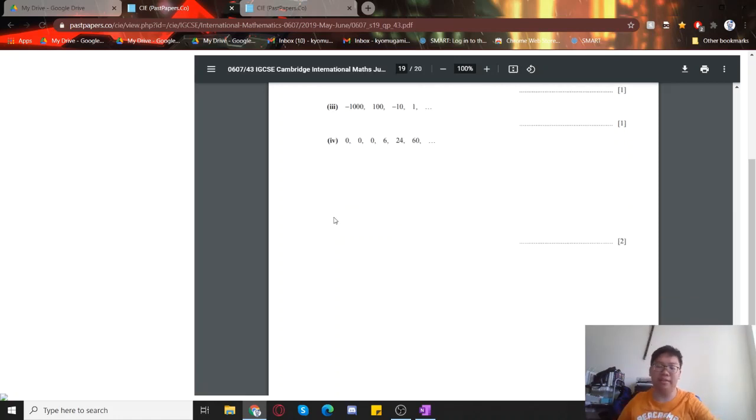Now this one's quite interesting from my view, because not only do we start off with three zeros, we then suddenly go to 6, 24, 60. That's definitely weird. So what can we do with it? Obviously this is not going to be your standard linear sequence. It's going to look something like an exponential graph.